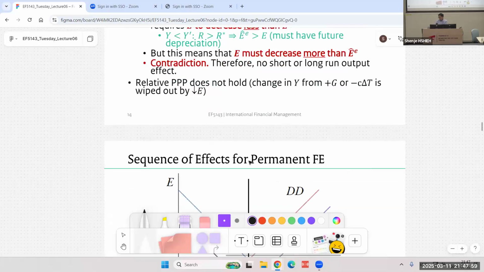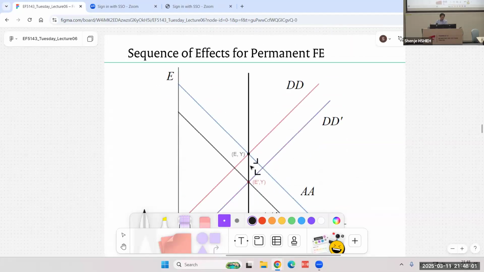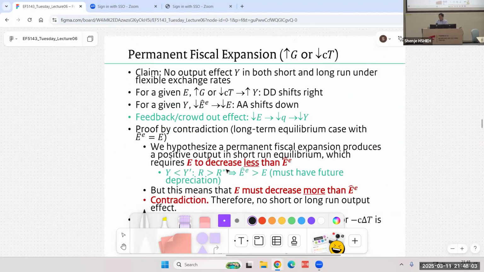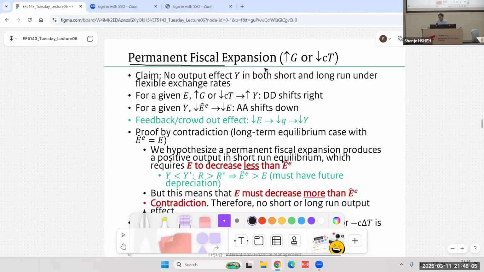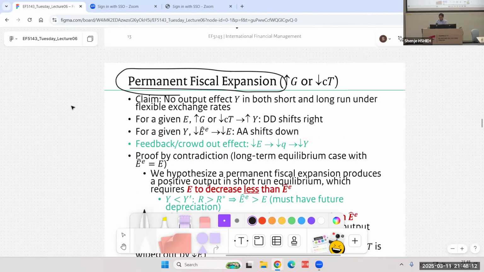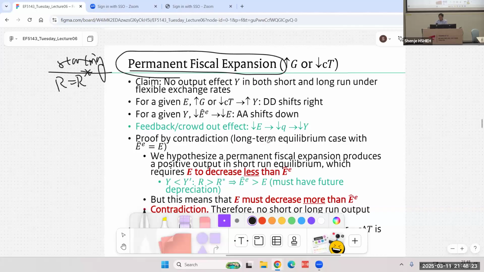And lastly, I think the most confusing for everyone is proving that the permanent fiscal expansion is pointless. And it's only pointless, of course, in the special case in which we have R equals R star as a starting point. If that's the starting point, the proof again is the following.